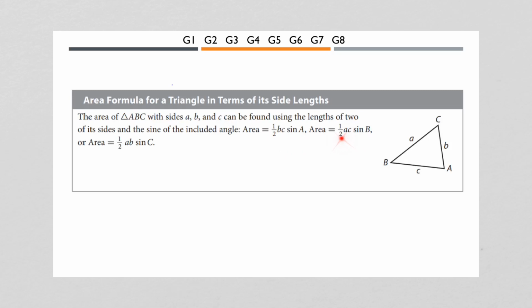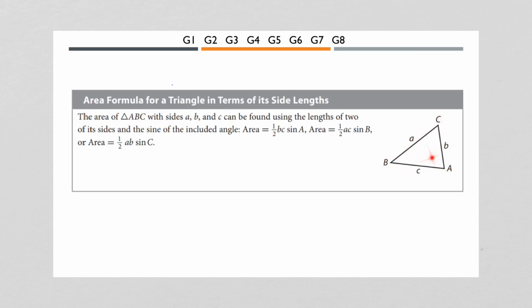Notice how all 3 of the formulas have 1/2, and then they have little b times little c. The only letter that's not here is A, so then this is sine of capital A, because capital A, B, and C are referring to the angles.